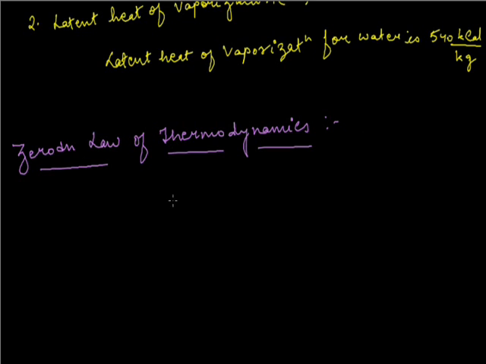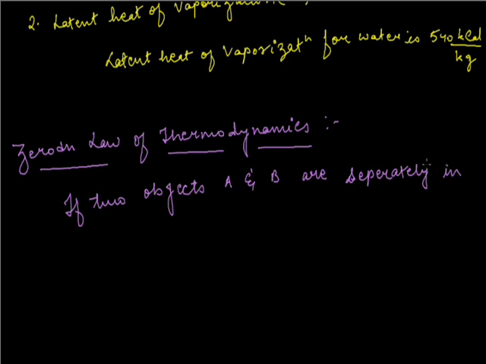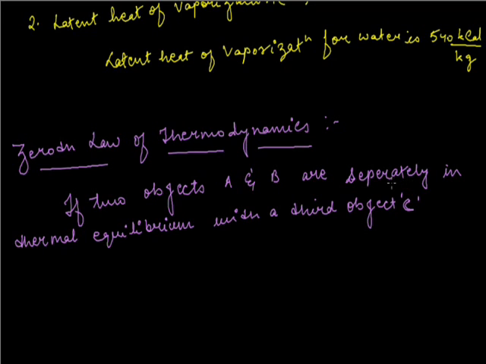This law states that if two objects A and B are separately in thermal equilibrium with a third object C, then objects A and B are in thermal equilibrium with each other.